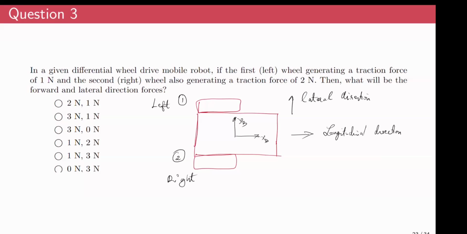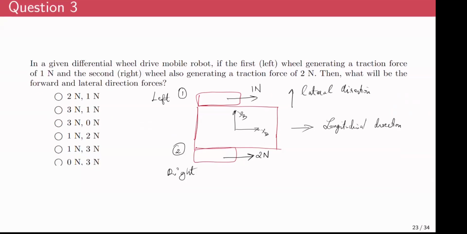So if that is the case, what are the things given in the question? It says the first wheel is generating a traction force of 1 Newton, and the second wheel is generating a traction force of 2 Newtons. Then what will be the forward and lateral direction forces?